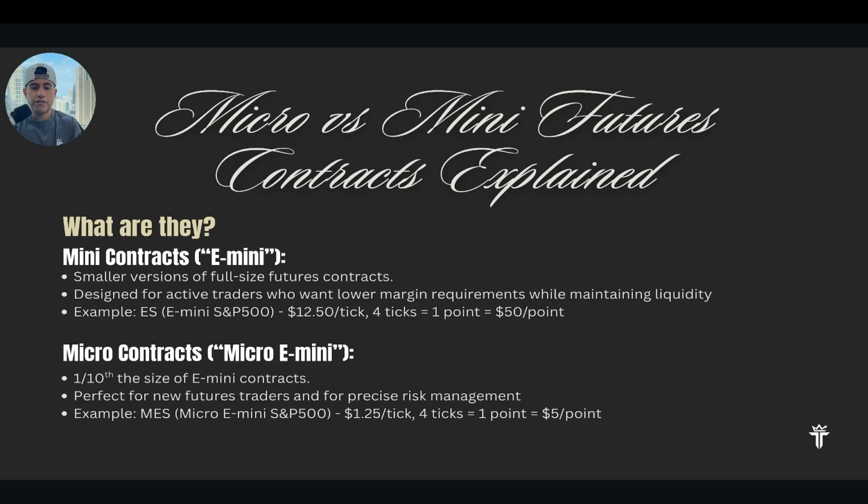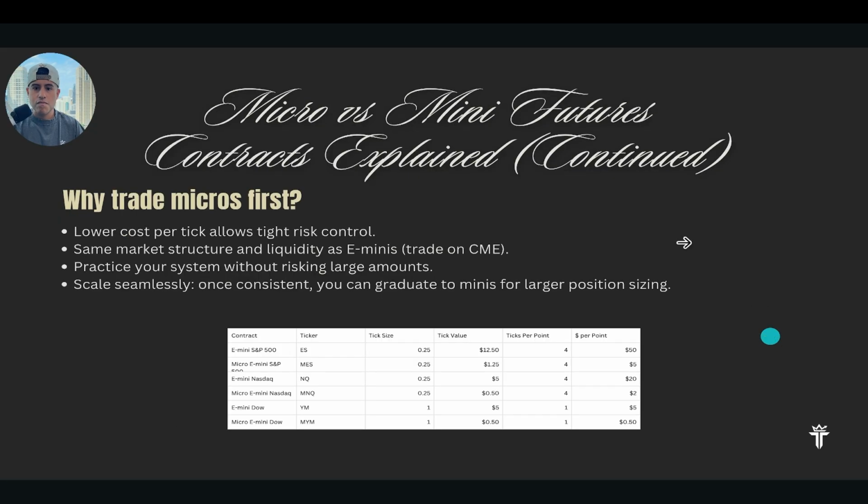So you're going to see MES for S&P, MNQ for NASDAQ, MYM for Dow Jones. So that's 1/10 the size of a mini. When we get to the part where we're trading and you're doing your demo account, we're going to do the micros. Okay. So let's make this nice and simple.